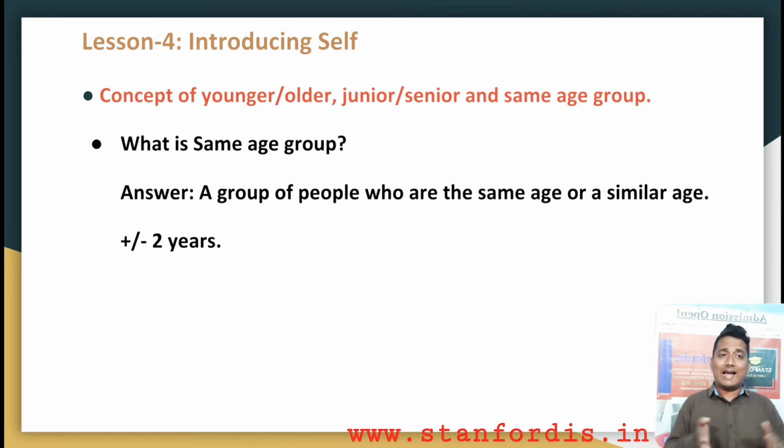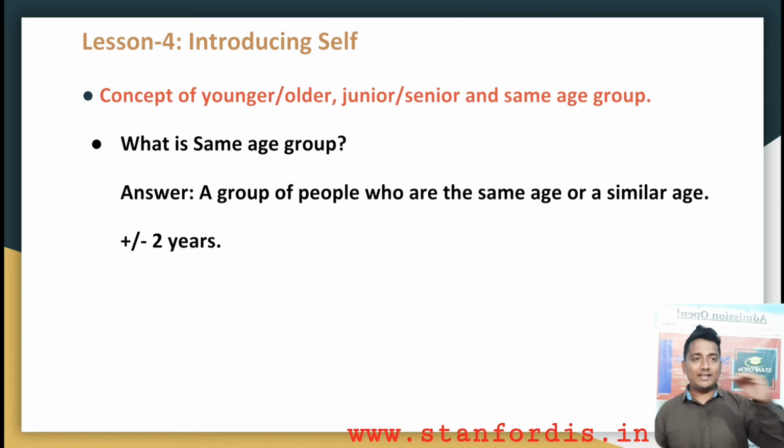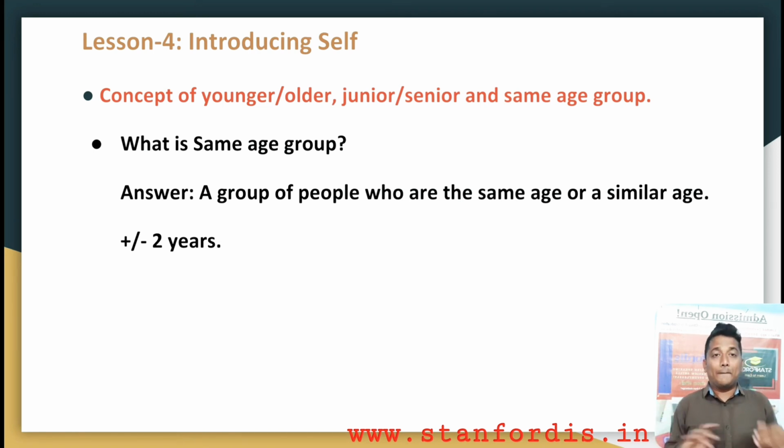It doesn't mean that everyone should be 20 years old, or that everyone should be 10 years old. There can be 1 or 2 years of difference, that's okay, but not more than 2 years.